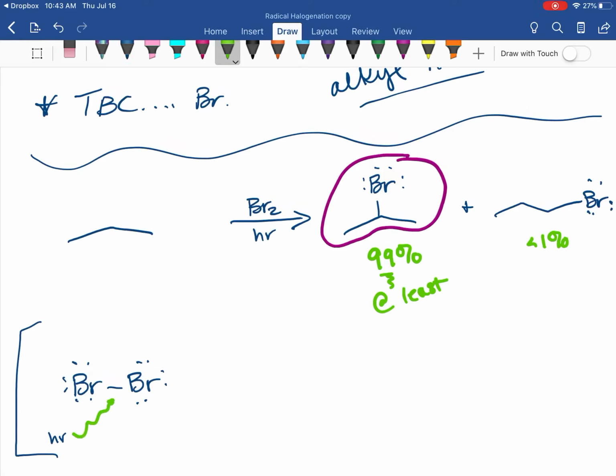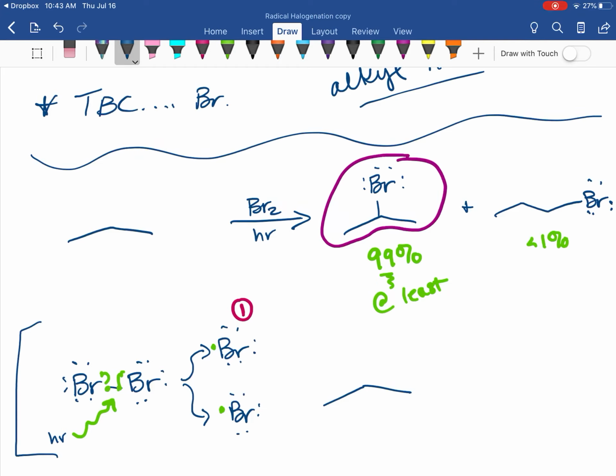We have an initiation. So take your bromine and light, and let's break that bond. Single arrows, remember? So you're going to make two bromine radicals. Just like the last process, we're going to use both of them.